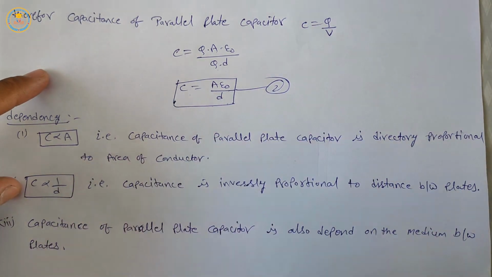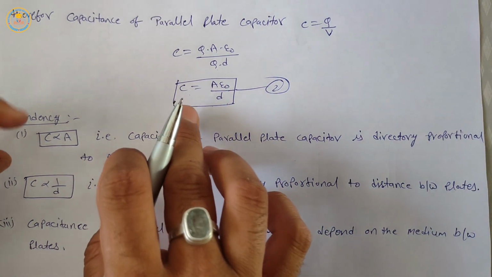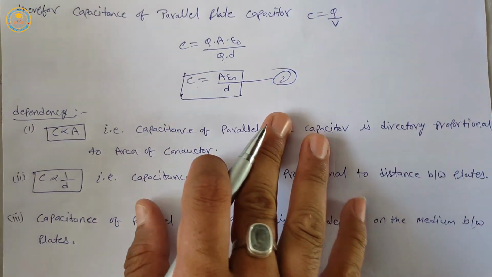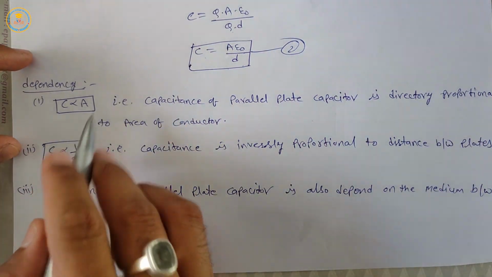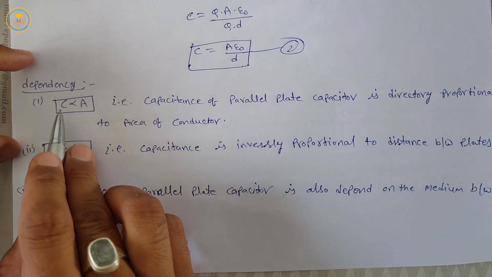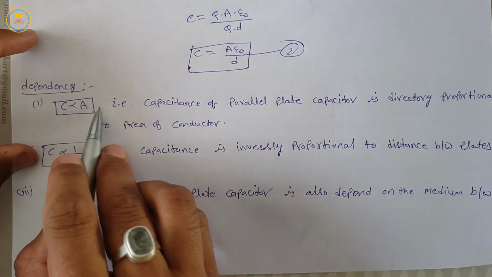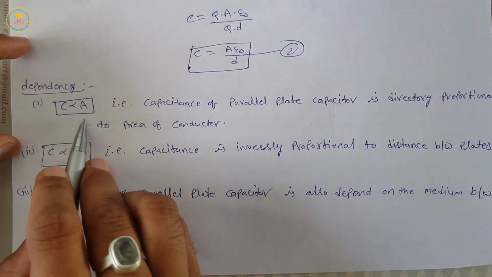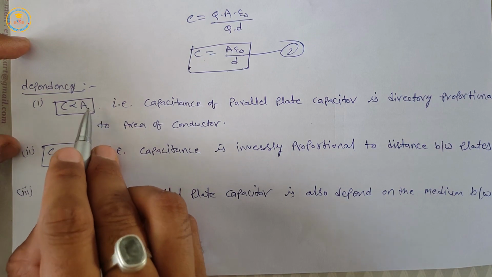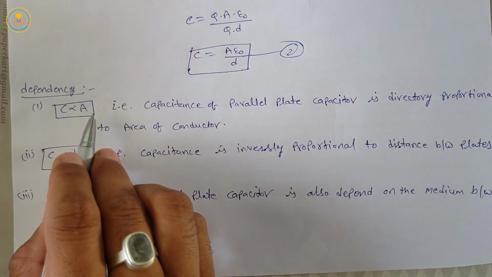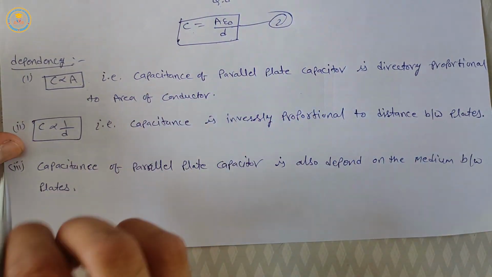Okay, according to this formula we can define the dependence of electric capacitance on the factors. First is area. From this equation, C is directly proportional to A, meaning the capacitance of a parallel plate capacitor is directly proportional to the area of the conductor. If we increase the area, then the capacitance will be increased. Second factor is distance.